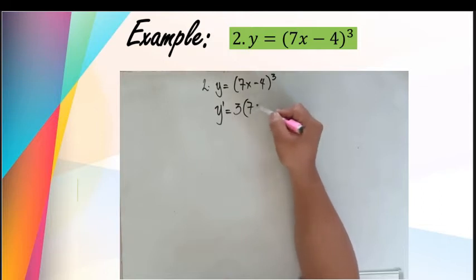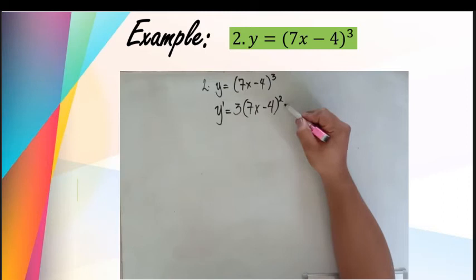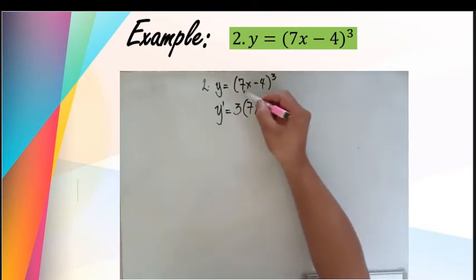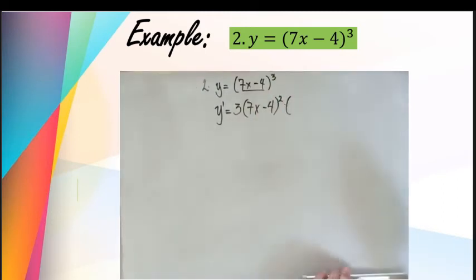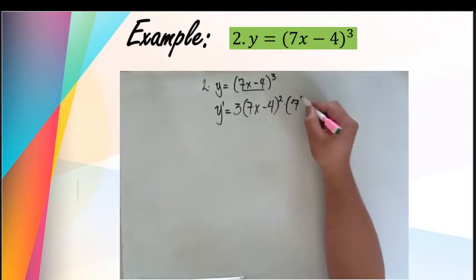Then copy 7x minus 4. Don't forget to subtract 1 from the exponent. So 3 minus 1 is 2. Then always multiply the derivative of the inner function, which is 7x minus 4. And what is the derivative of 7x minus 4? Yeah, you're right. It's 7.